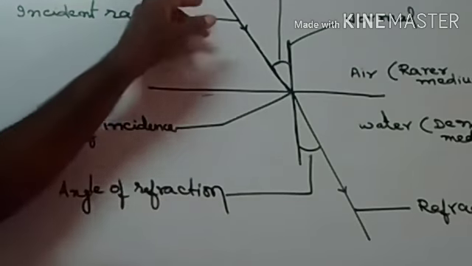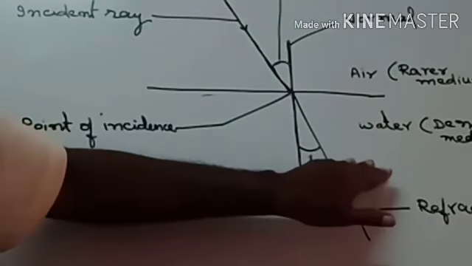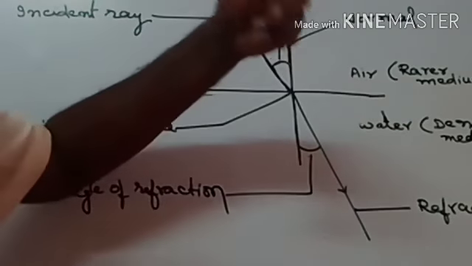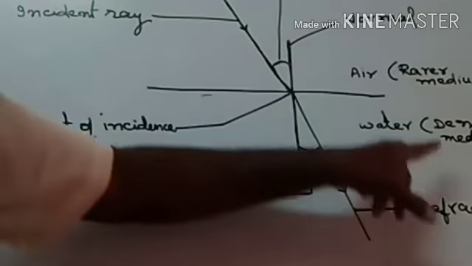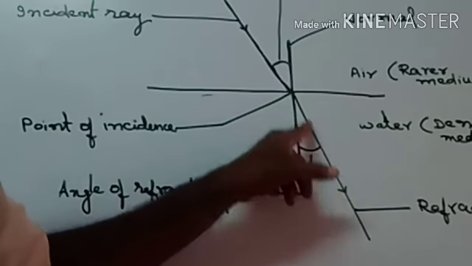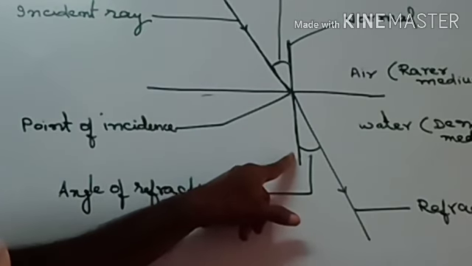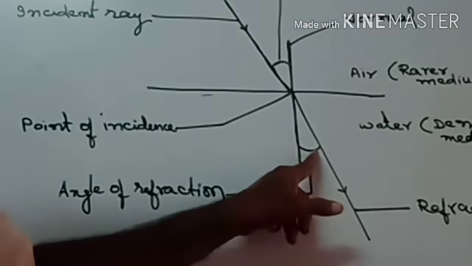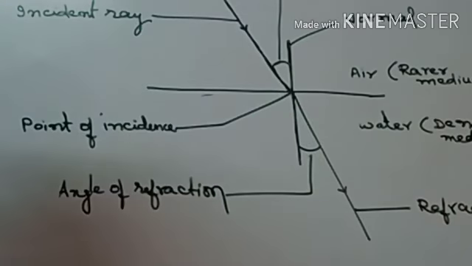So when a light ray moves from rarer medium to denser medium, in the denser medium the refracted ray moves towards the normal. Because of that, the angle of refraction is less than the angle of incidence.